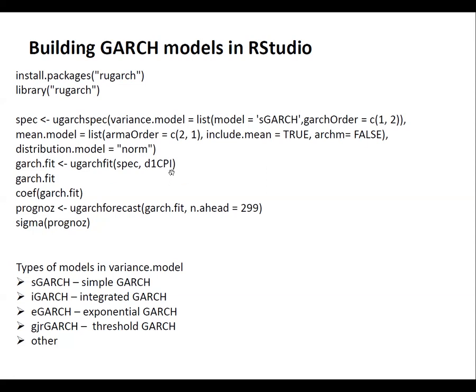Well, then you look at the output for this model. The output is given by garchfit. And it gives you all these tests, the values of the coefficients themselves, Ljung-Box autocorrelation tests. There are a lot of things that we looked at.